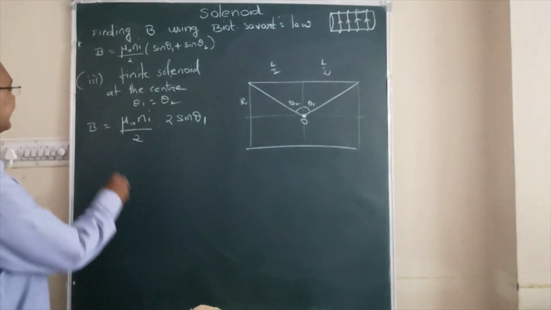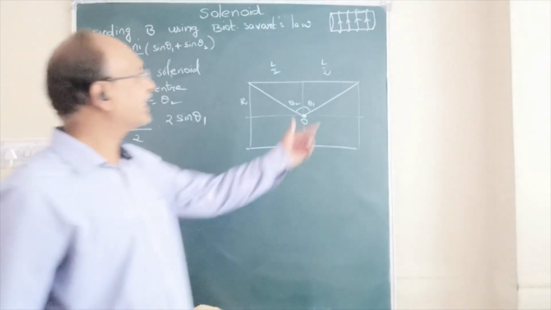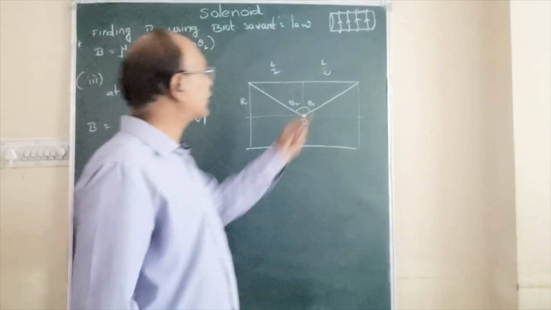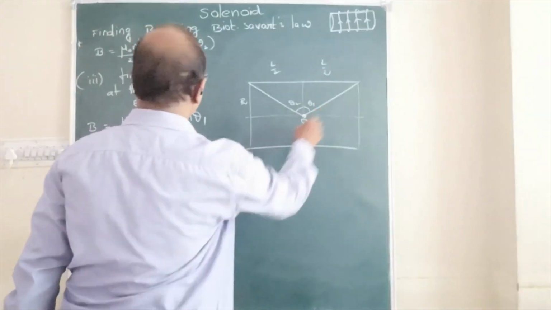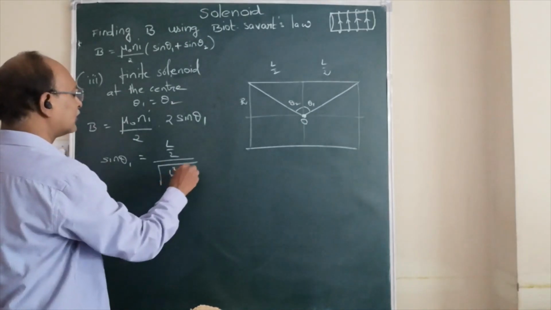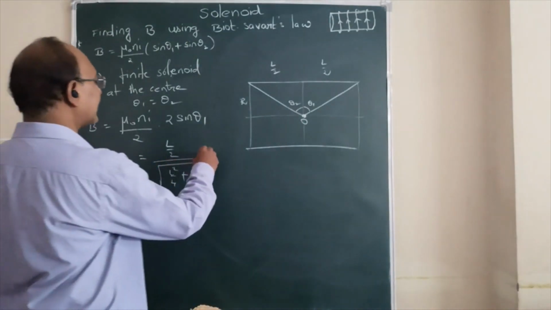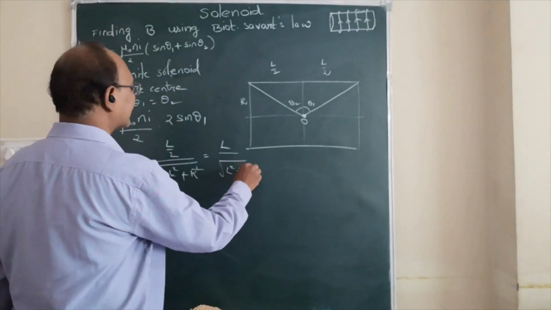Now sine theta 1 is equal to, you can take this triangle, L by 2 divided by root of L square by 4 plus R square. So if you simplify this, you get L by root of L square plus 4R square.